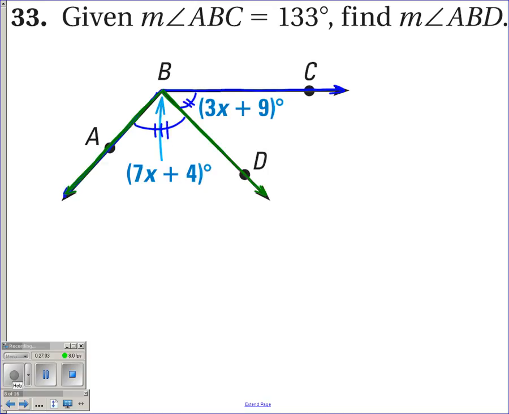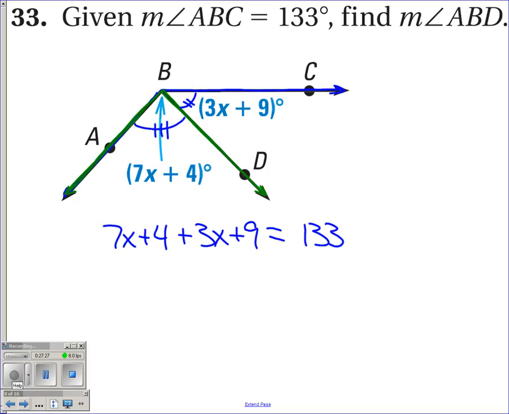Those look to be different, right? They're definitely not the same. So you don't set 3x plus 9 equal to 7x plus 4. It does not say that ray BD is an angle bisector. So we need to write down 7x plus 4 plus 3x plus 9 is equal to 133 degrees.